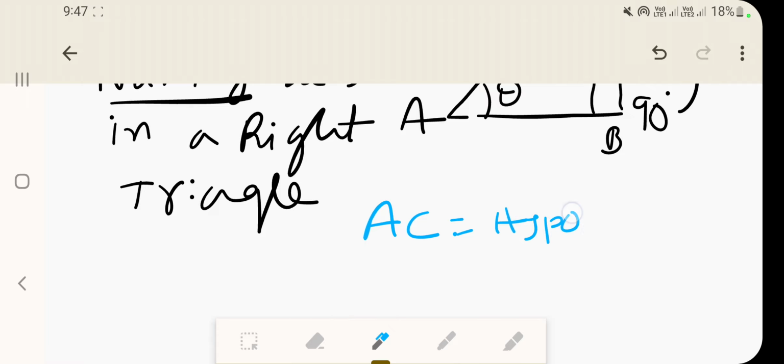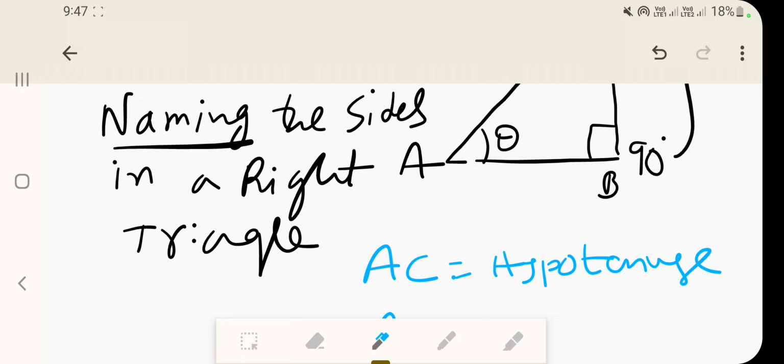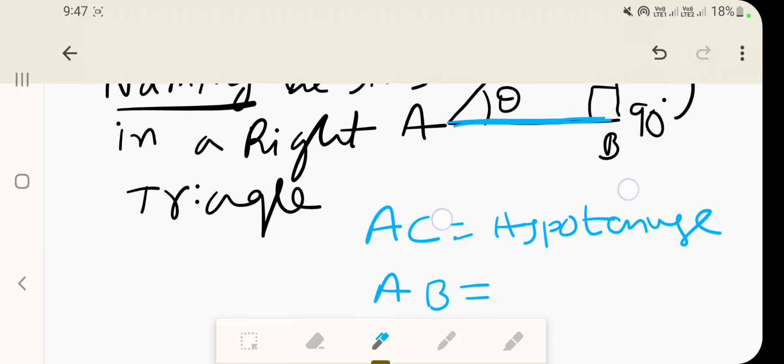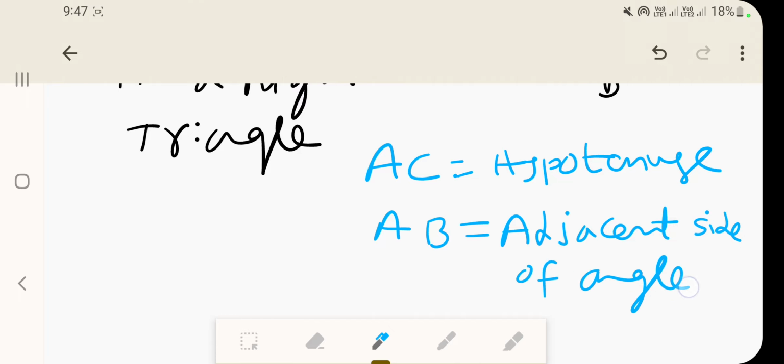The other two sides: AB, which I am marking with the blue color, is called the adjacent side of the angle A. It's theta here.